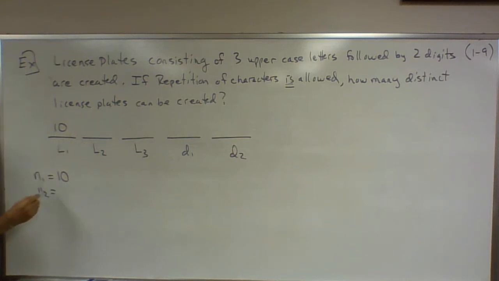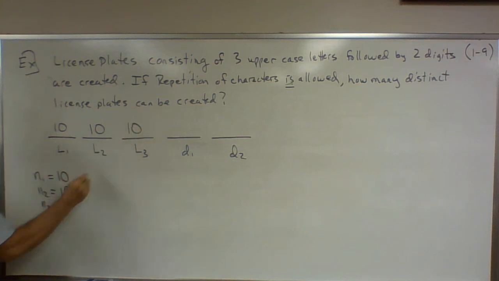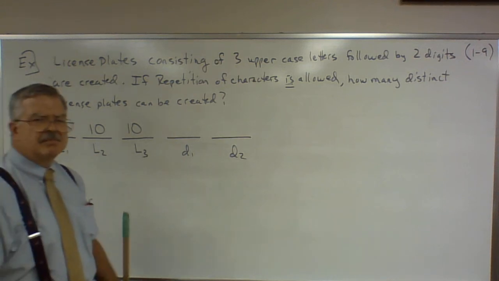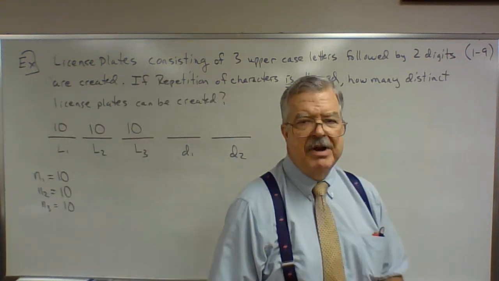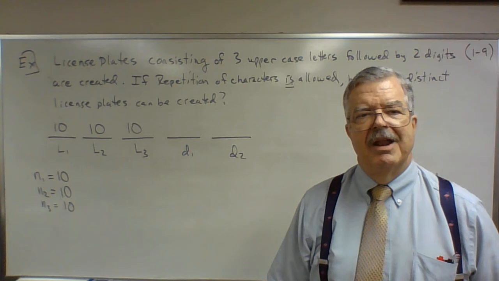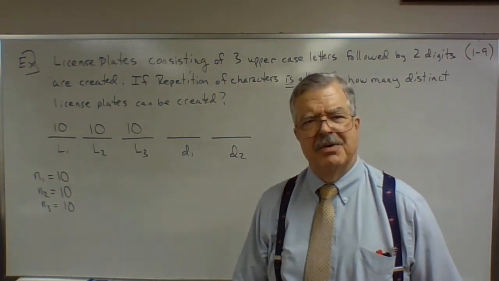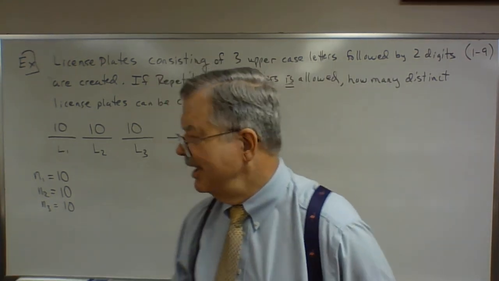The number of possible outcomes, again, is 10 because we're allowing repetition. And N3, the number of outcomes possible for the third stage, is 10. Am I right? No, I think my brain just blew a gasket. And if you're wondering, what the heck is he doing? Good for you, you're paying attention.